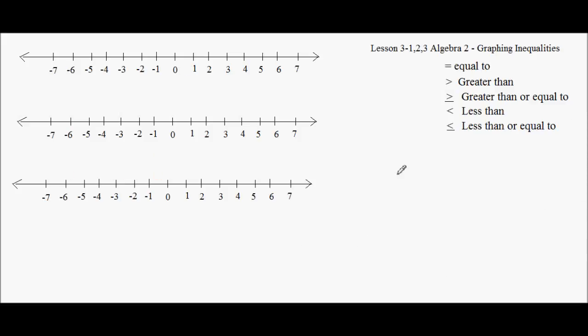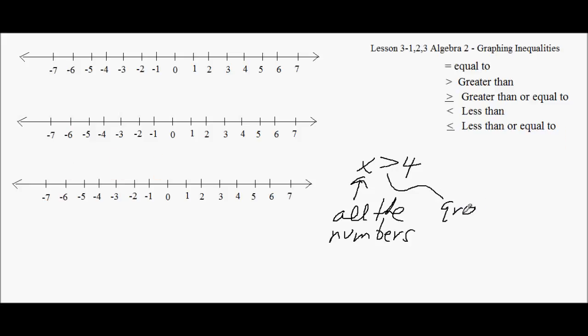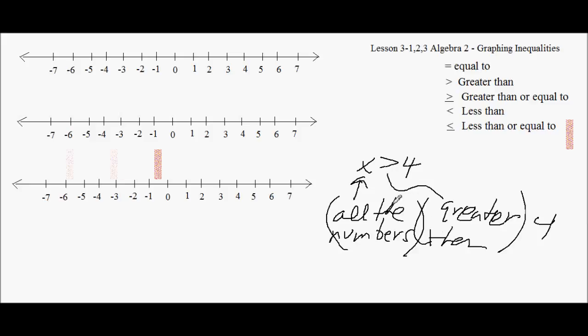So if I said x is greater than 4, for instance, when I see the x, I like to say all the numbers greater than 4. So this guy and this kind of goes together. So this is all the numbers greater than 4.